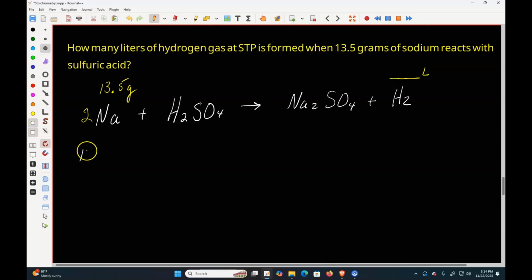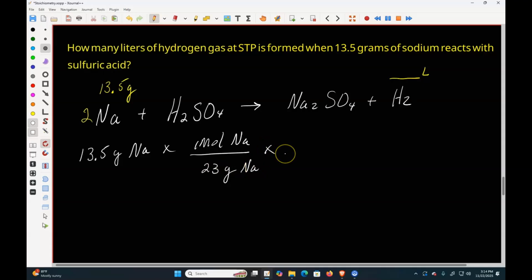Start with 13.5 grams of sodium. Convert that into moles. 1 mole of sodium is 23 grams. Okay, my ratio step, I have 1 mole of hydrogen gas over 2 moles of sodium.